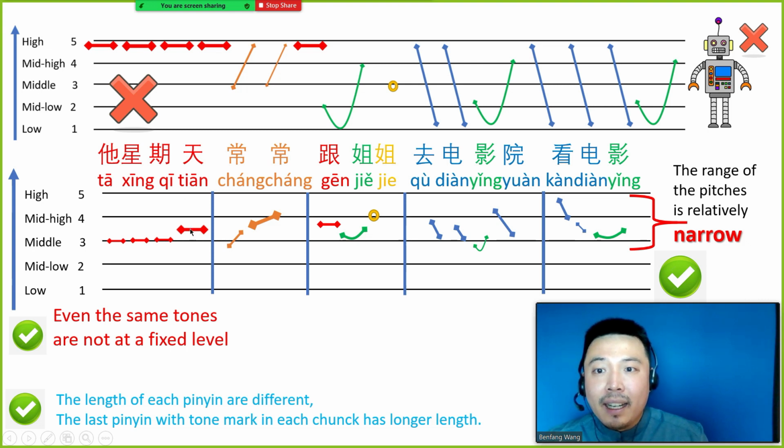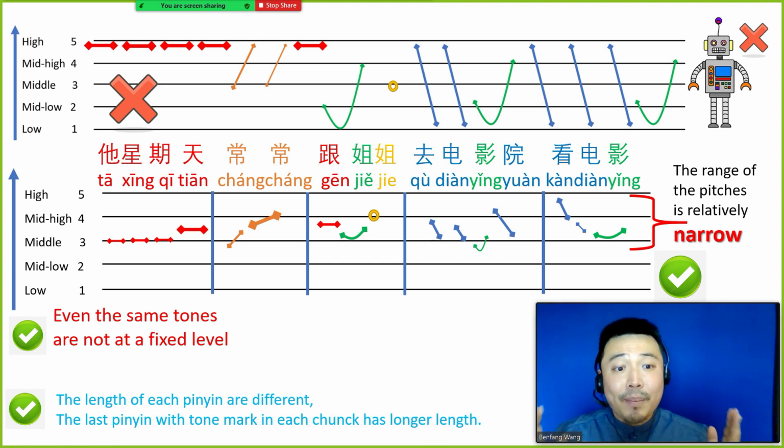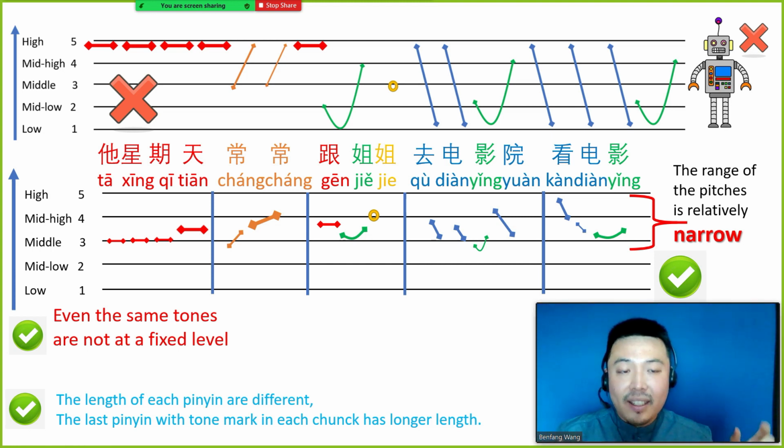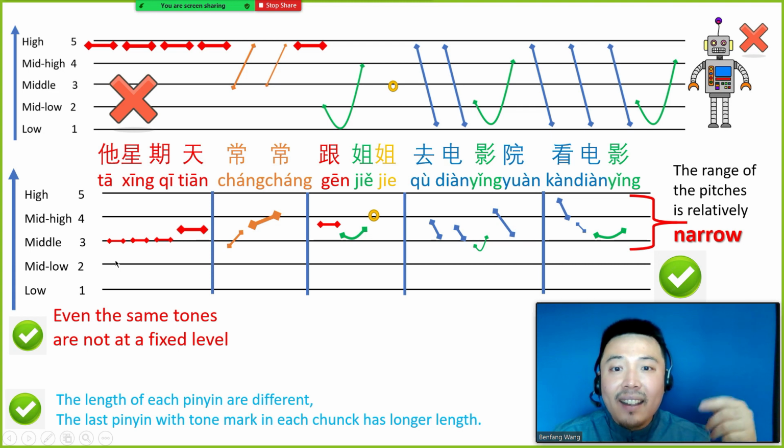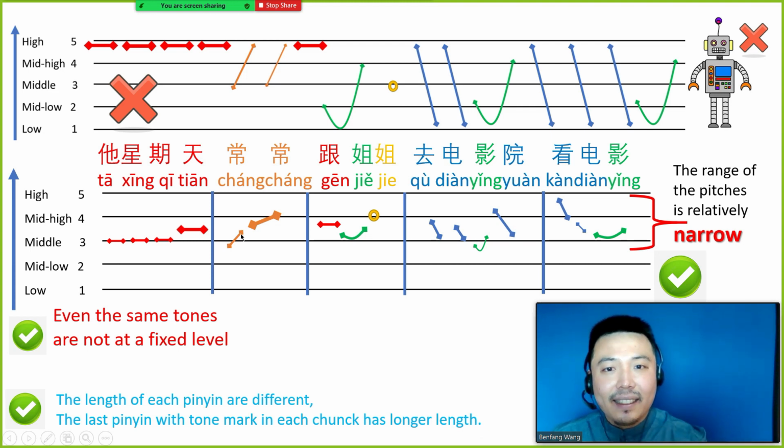Therefore, 天, 长, 姐, 院 and 影 are the last pinyin with tone mark in each chunk. Therefore, we have to give extra stress to them with longer length and a slightly higher pitch. So it will be 他星期天常常跟姐姐去电影院看电影.